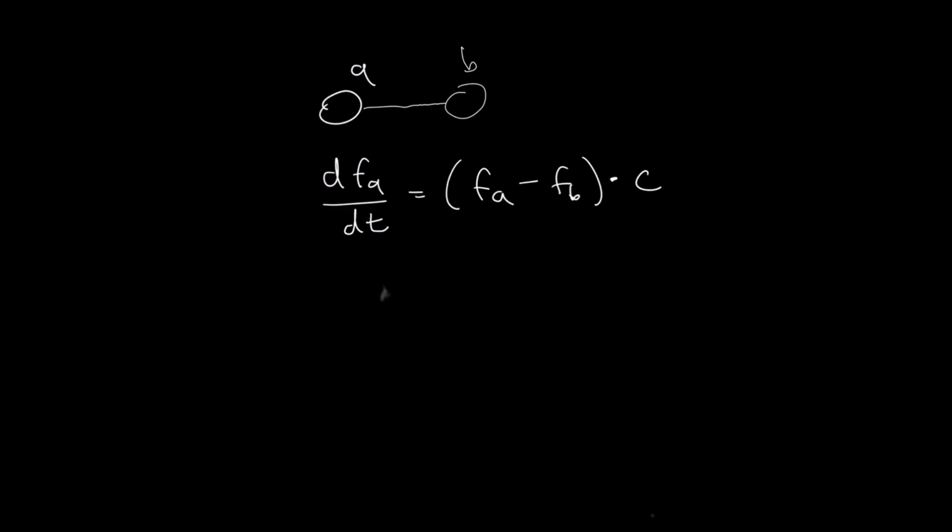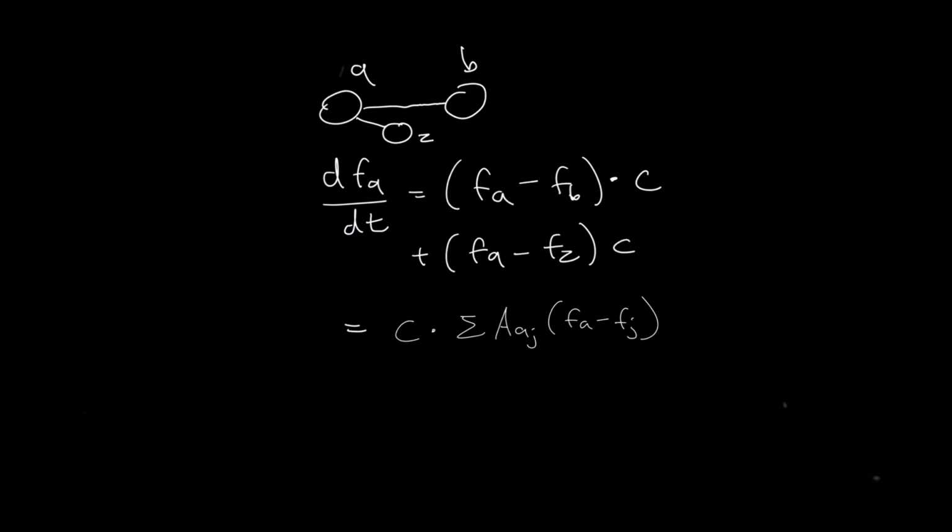Now, if this node had more neighbors, its rate of change would be the sum of its neighbors' differences. Does this sound familiar to how the Laplacian captures the difference between a node and the sum of its neighbors? If we derive the rate of change of f for the entire graph, where f is a vector, we get that it's equal to negative c times L times f.